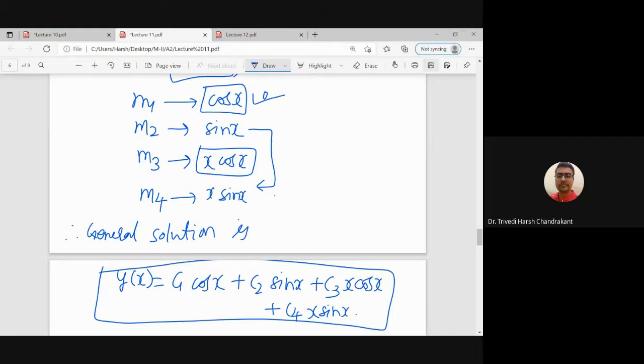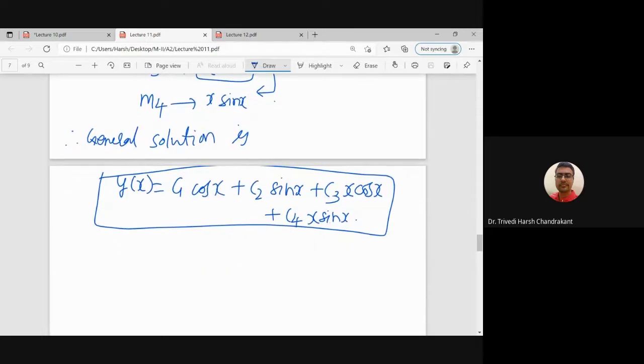So here we can see that we are basically using a combination of case 2 and case 3, because the roots are complex as well as repeating. Okay, so that's all regarding the homogeneous differential equation with constant coefficients.